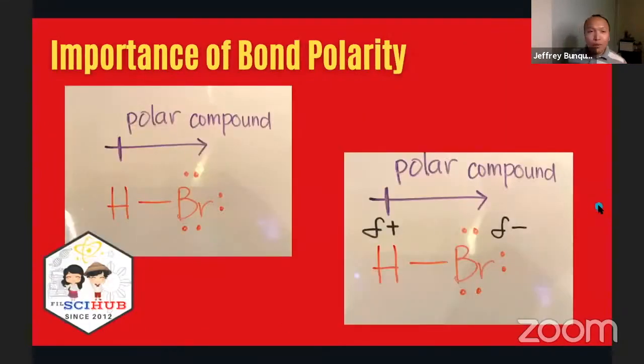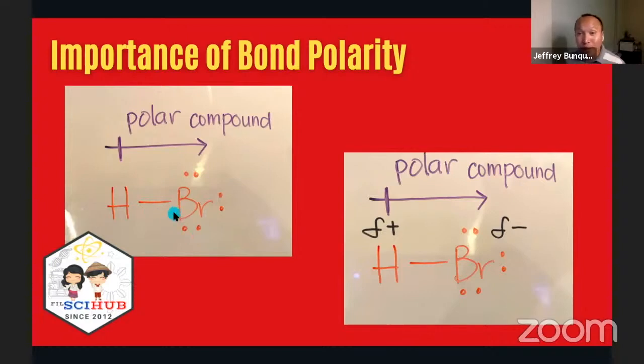Okay, now, mapunta naman tayo dun sa hydrobromic acid. So sabi ko nga sa inyo kanina, if you have a very good understanding of Lewis structures and bond polarity, malalaman nyo how would these behave during a reaction. So hydrobromic acid here, as I mentioned before, is a polar compound. So why is it polar? Because bromine is more electronegative than hydrogen.